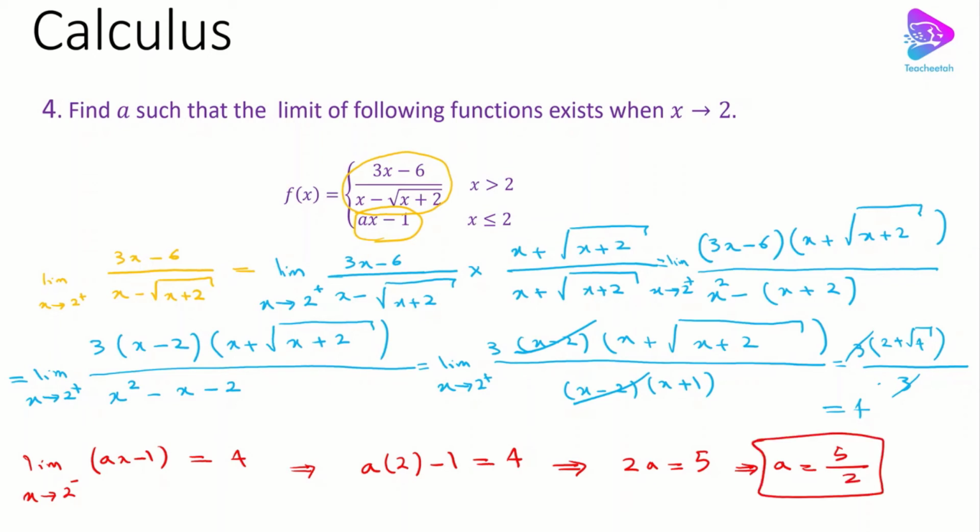You have seen that what we did was just looking at the meaning of the limit existing, which means that if we are moving from the right or from the left to that specific value, we should get the same answer, and we have used that definition.